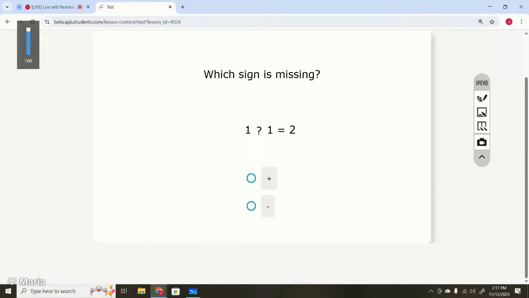So which sign is missing? The missing sign equals either adding or subtracting. 1 plus 1 is 2, you are adding, right? Option number 1 is the correct option.